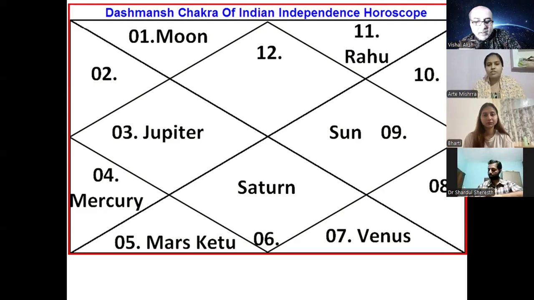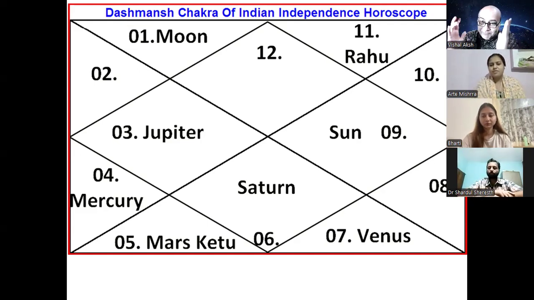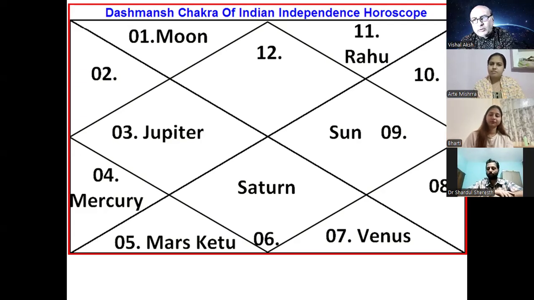Padmaj. Padmaj means Brahma. Brahma was the Devta of Ketu. Brahma is considered to be the Pitamah, the first Pitamah. Nobody can say its equivalent term in English. It means the grandfather, the first of the universe.